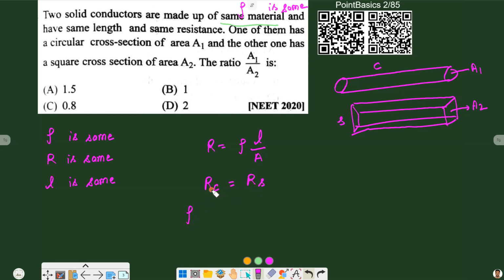So it will be rho times length of circular by area of circular is equal to rho times length of square by area of square. And we know that rho is same for both of these. Length is also same. So from this we can say AC is equal to AS and their ratio will be 1:1 or 1. Option B will be the right answer.